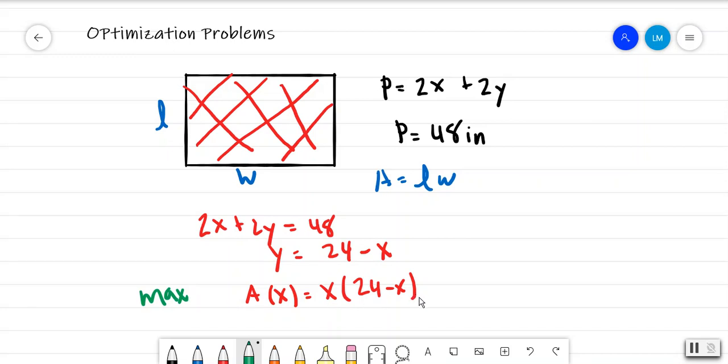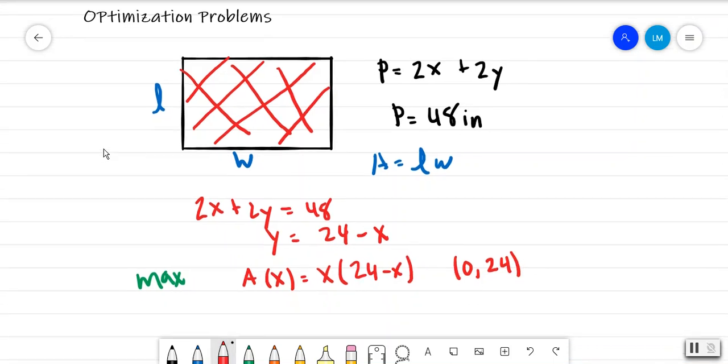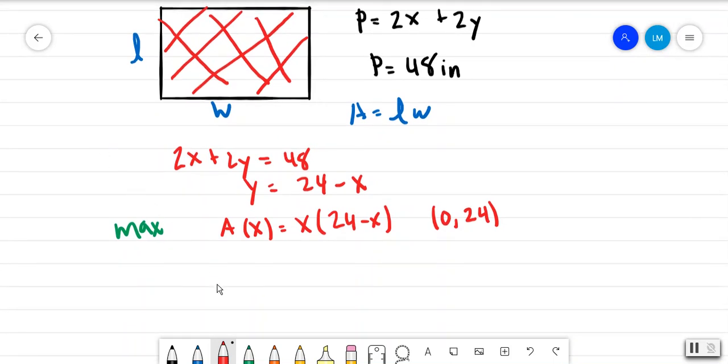But in this case, if I was trying to maximize the area, then the domain is going to be from 0 to 24, mostly because I need to have that this is always positive. So with that, let's say that the area is equal to 24x minus x squared.